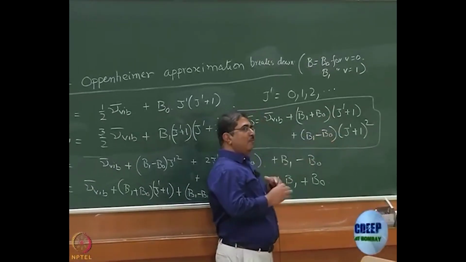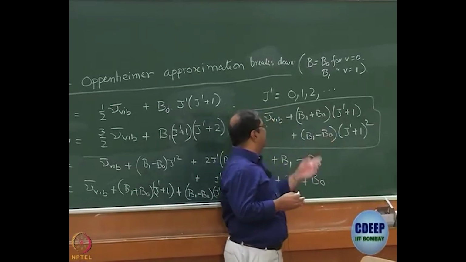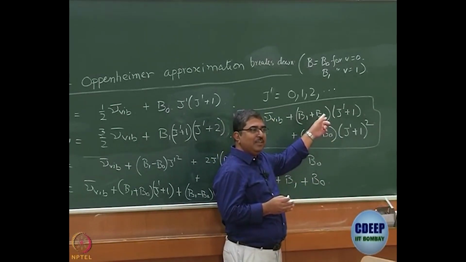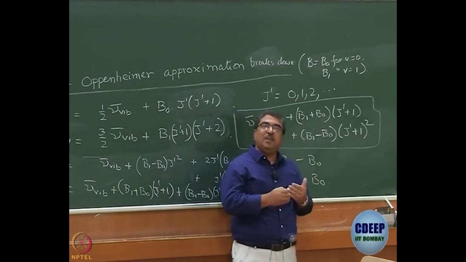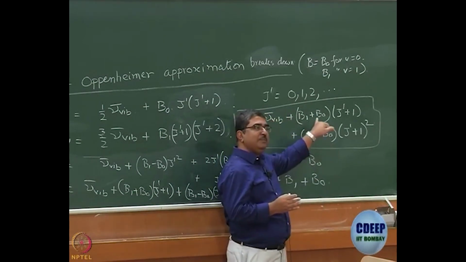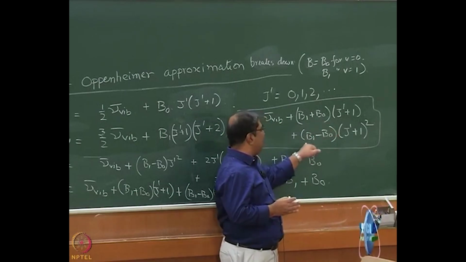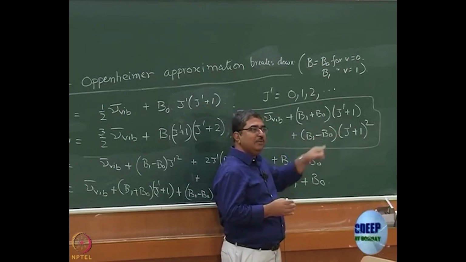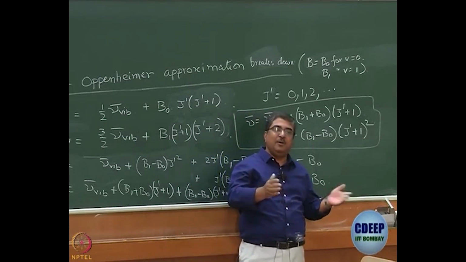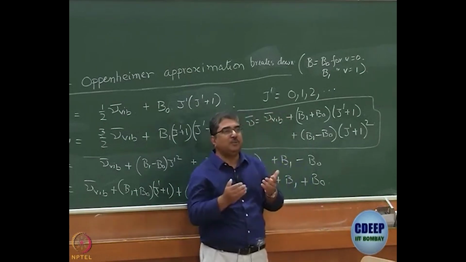Now, Born-Oppenheimer approximation holding means B1 should be equal to B0, then that would become 2B anyway. Since Born-Oppenheimer approximation does not hold, that 2B has become B1 plus B0, and we have another term B1 minus B0. Now, do you expect B1 and B0 to be very, very different from each other, or do you expect them to be quite close to each other?